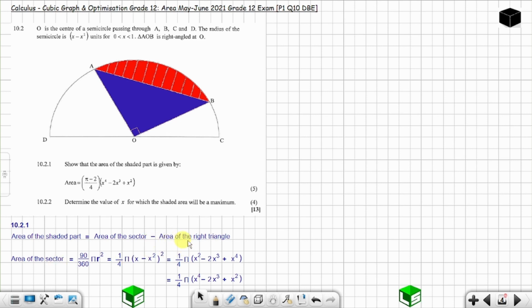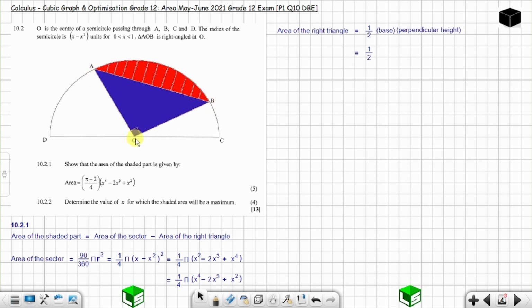Let's get the area of the right triangle. So let's do it here. The area of the right triangle is equal to, remember from the lower grades, half times base times perpendicular height. So this is equal to half. Your base can be this and your perpendicular height can be this.